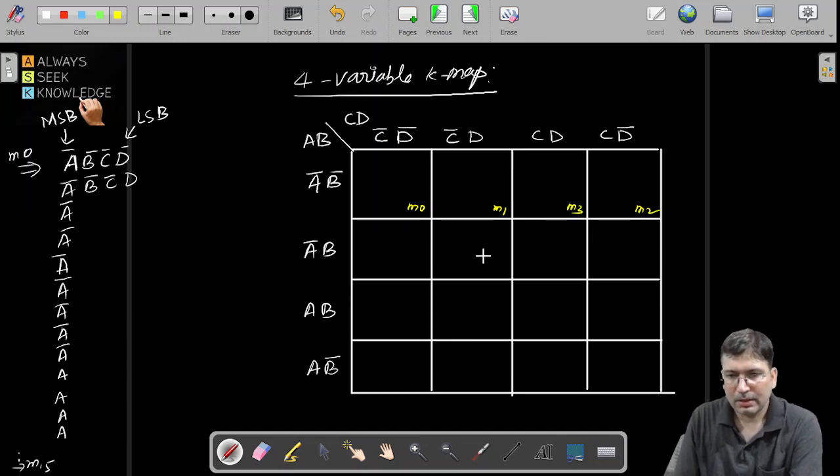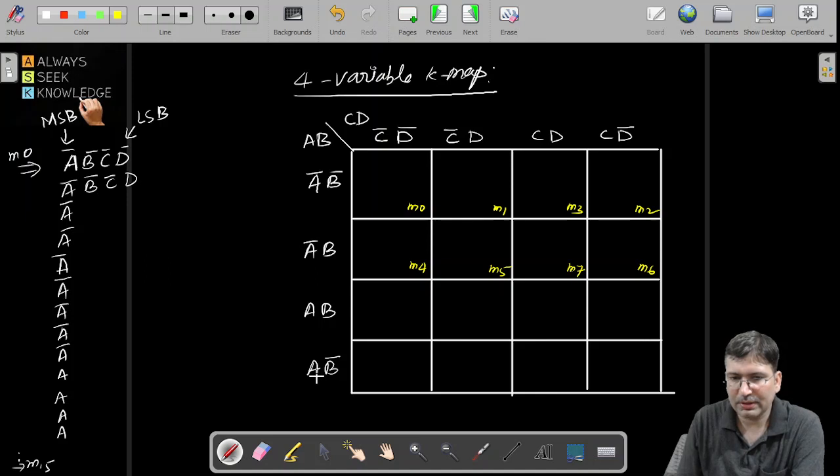Now after M2, this is 0 1 0 0, so this is M4. 100 will give you 4, right? Then this is 0 1 0 1, so it is M5. 101 will be 5 only. Then this is M6 and this is M7, we know that.